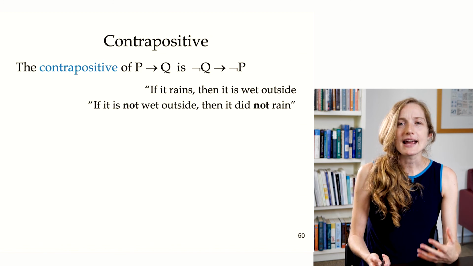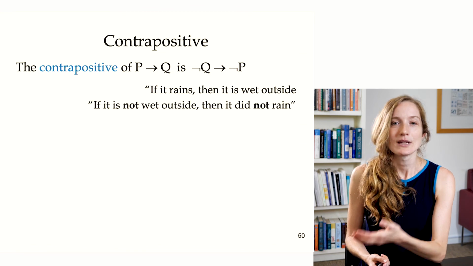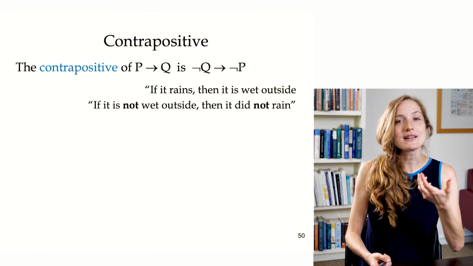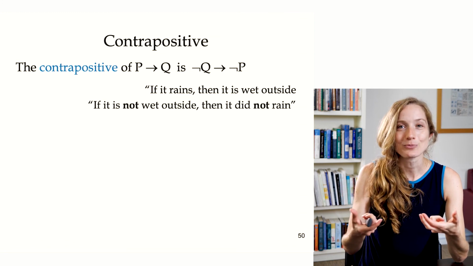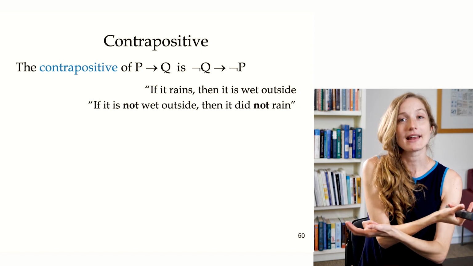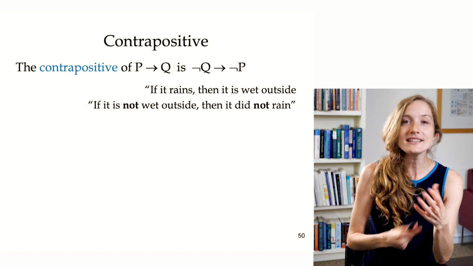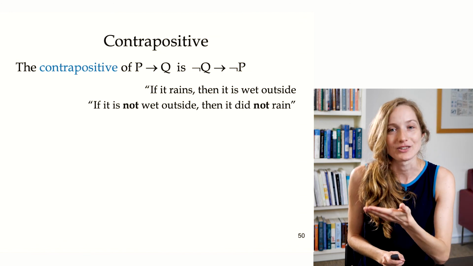Suppose I say, if it rains, then it is wet outside. What are my P and Q? Here P is it rains, Q is it is wet outside. So what is the contrapositive? I need to flip the order and negate both of them. This gives me, if it is not wet outside, then it did not rain.